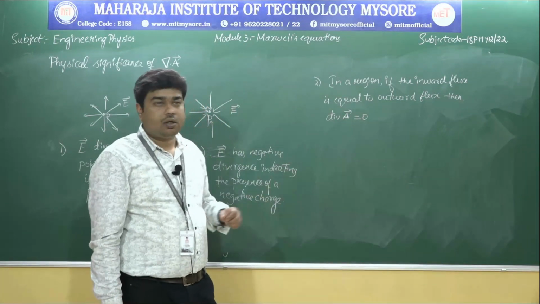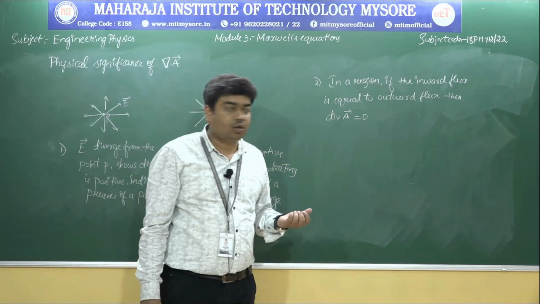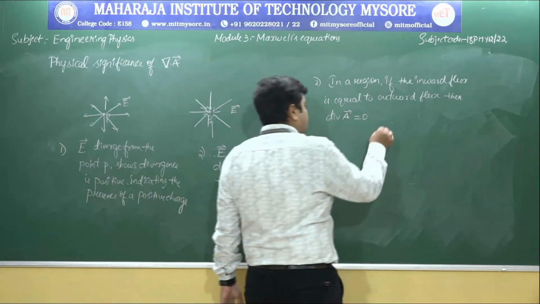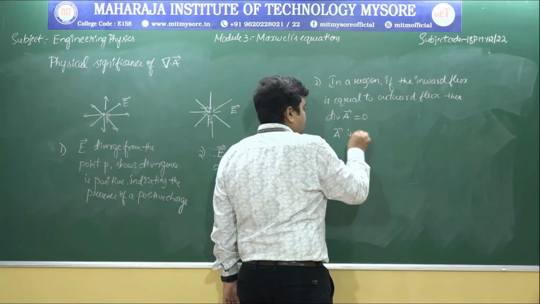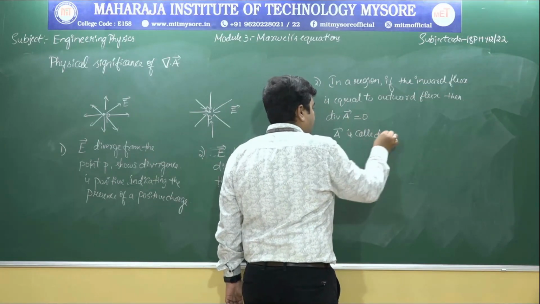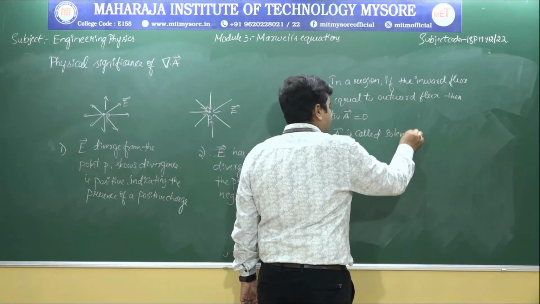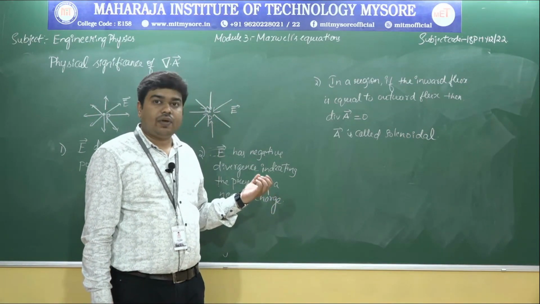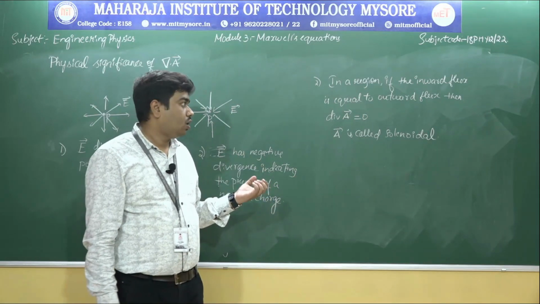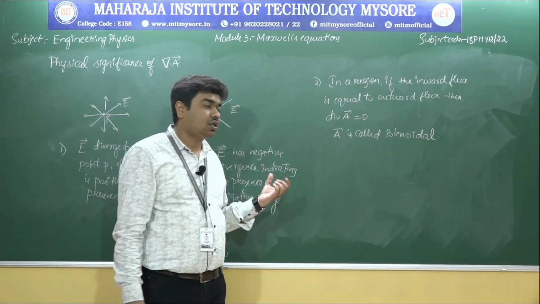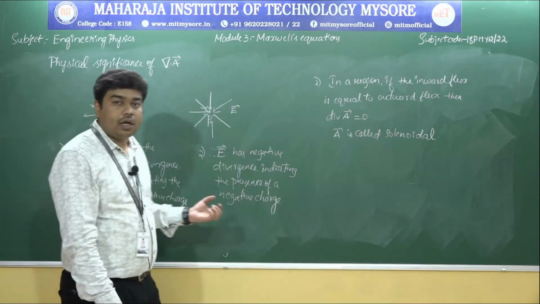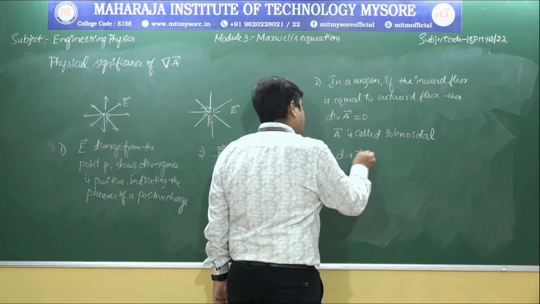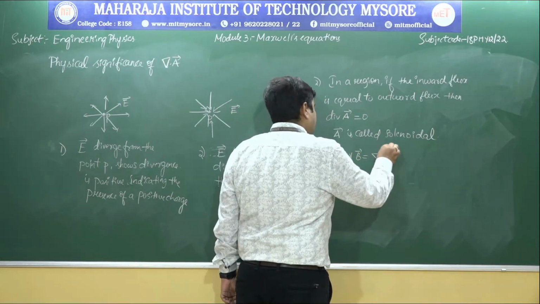In that vector field, if the inward flux equals the outward flux, the divergence of vector A is equal to 0, and such a field is called solenoidal. In other words, if a vector field vanishes when it undergoes divergence, it is called solenoidal. For example, div B or del dot B.